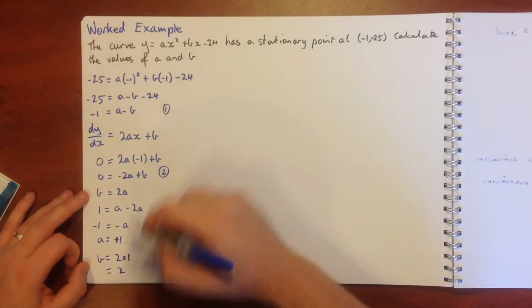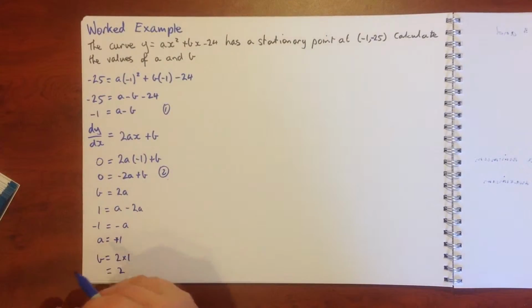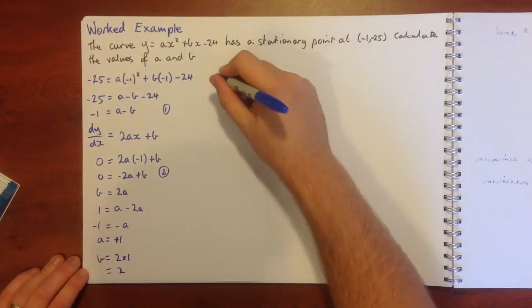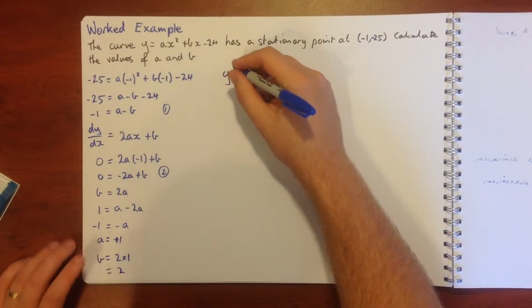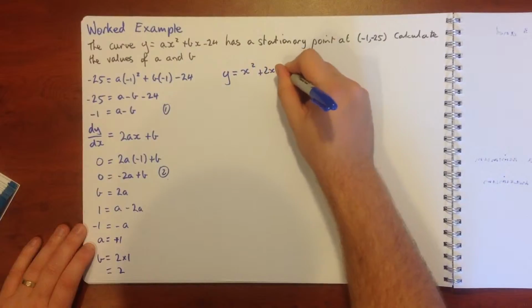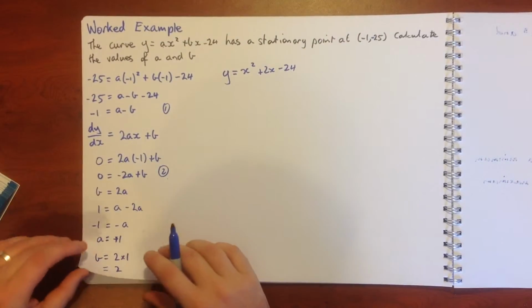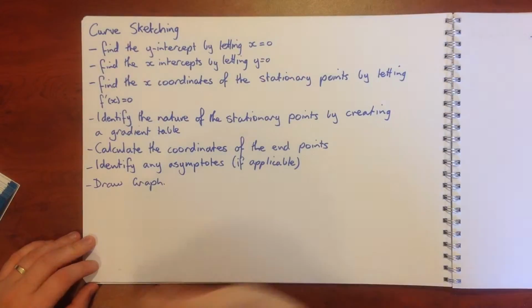So we know then that our value of a is 1 and b is 2. And if you like, you can say then that y equals x squared plus 2x, take 24. Okay, sorry about those couple of arithmetic errors. So we'll keep moving on.